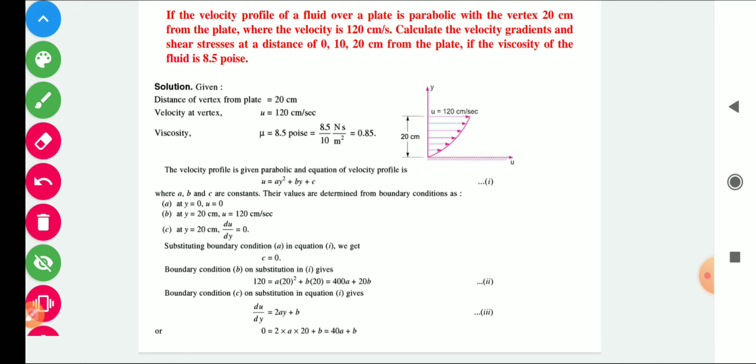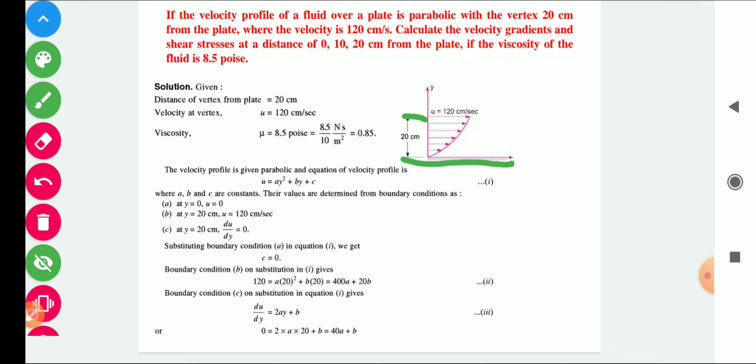So the first boundary condition is at y equal to 0, u equal to 0. Because at y equal to 0, the layer which is in contact with this solid surface has 0 velocity due to the no slip condition. So the velocity of the first layer will be 0.